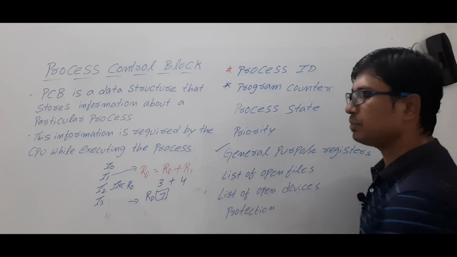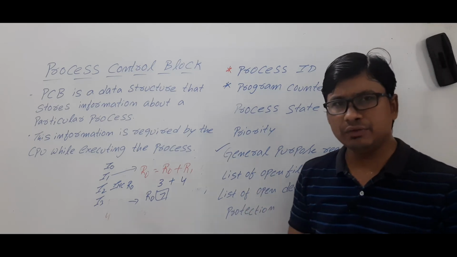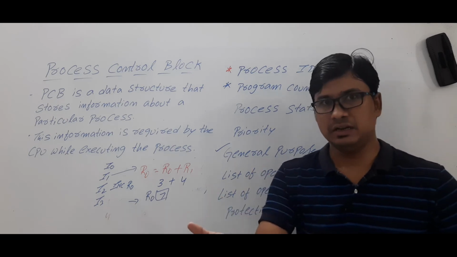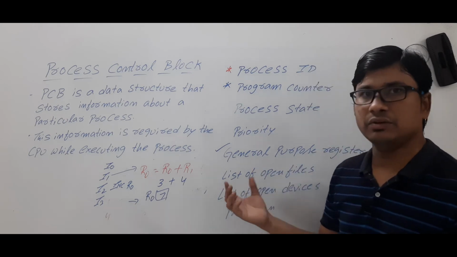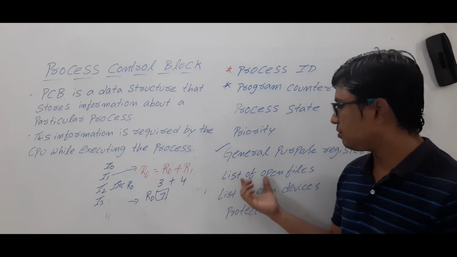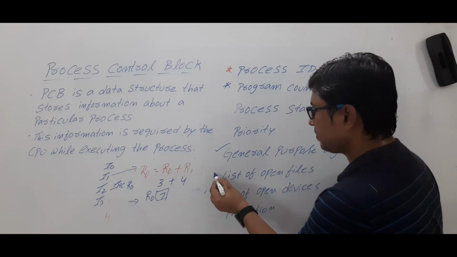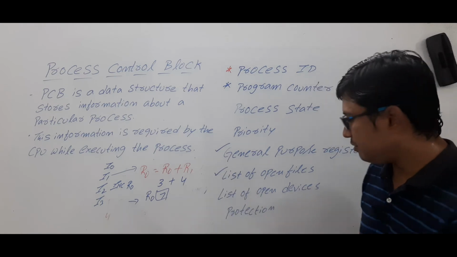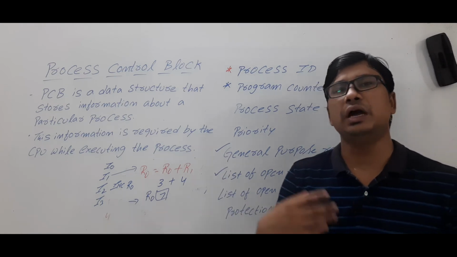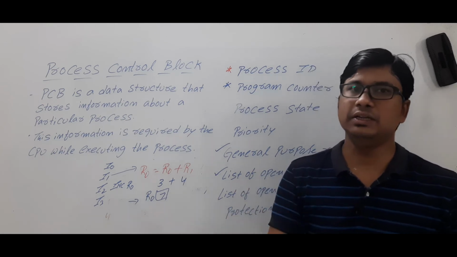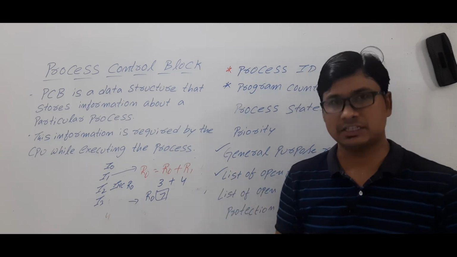Now let me discuss the list of open files. Whenever we are running a process, we need to open certain files. Now all the information about whatever files are open, you should store in the PCB. Then similarly, the list of devices. Let's take that you have given an instruction to the printer to print something, and similarly you have given an instruction to the fax machine.